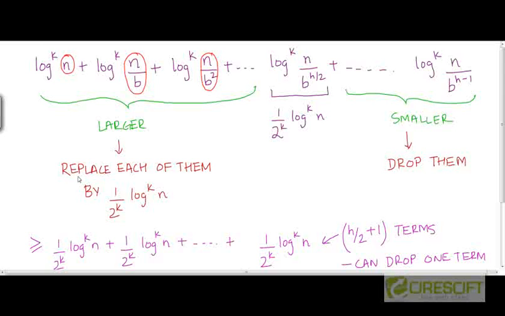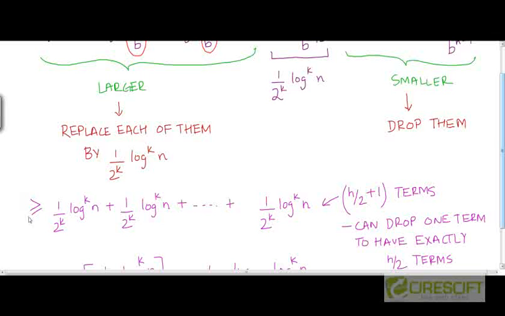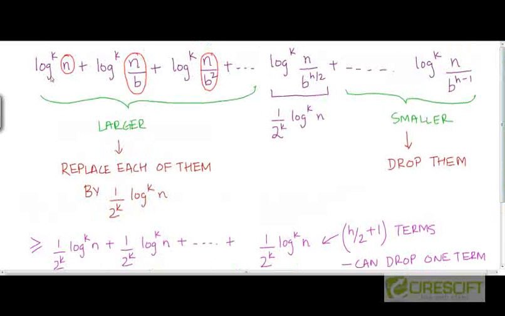So what we're going to do is, we will take these larger terms, replace each of these terms by the middle term, which we know has this simplified value. And by doing so, we will get something smaller than this series.